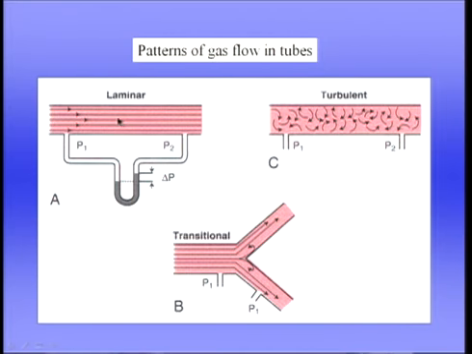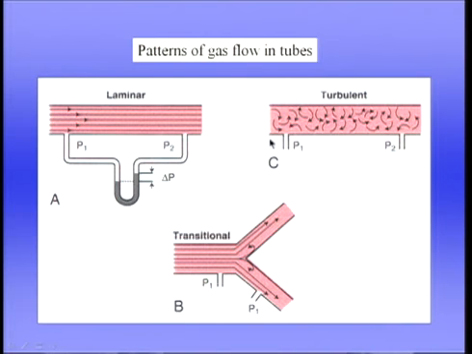Now, if we increase the flow rate, we may reach a point where the flow becomes what's called transitional. And this is particularly seen where the tube divides into two daughter branches, as shown here. There's laminar flow in the upper part, the original part of the tube, but then you get flow separation, eddy formation, particularly at the junction where the tube divides, and this is called transitional flow.